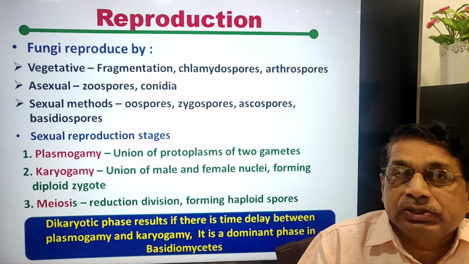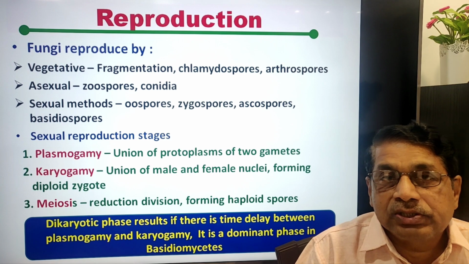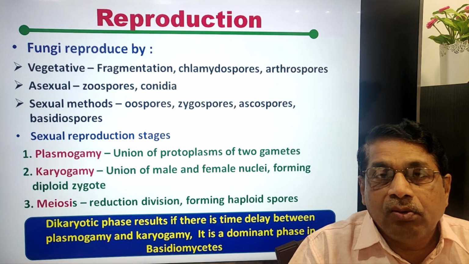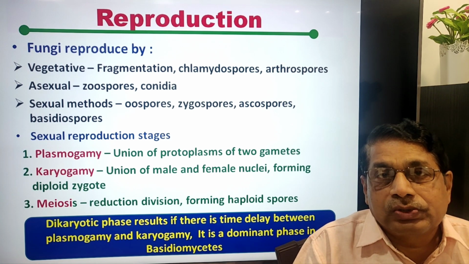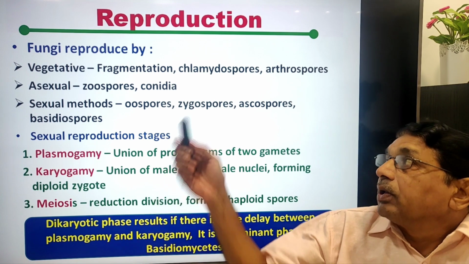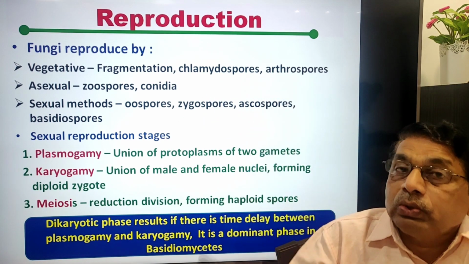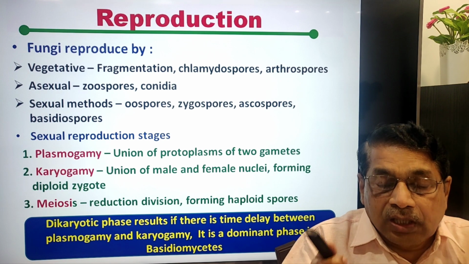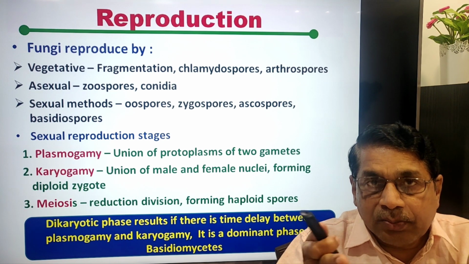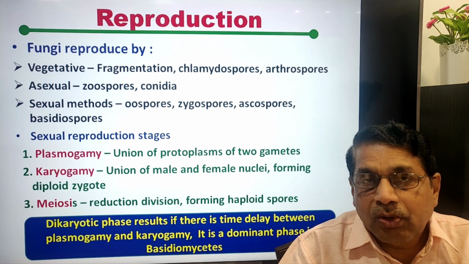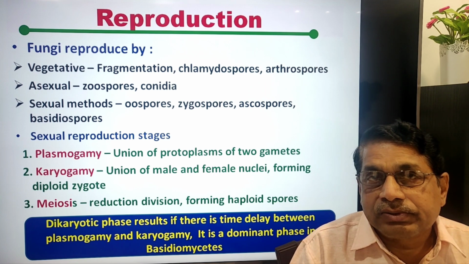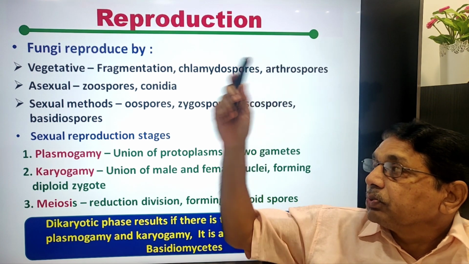Chlamydospores are resistant spores: under unfavorable conditions, the hyphal cells form thick-walled spores. They are called chlamydospores. Arthrospores: the hyphal cells automatically break into small cell fragments. They are called arthrospores.